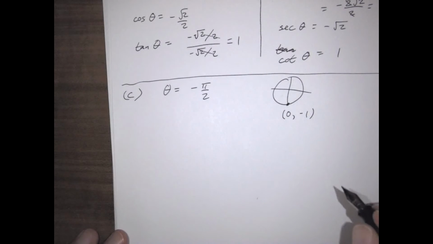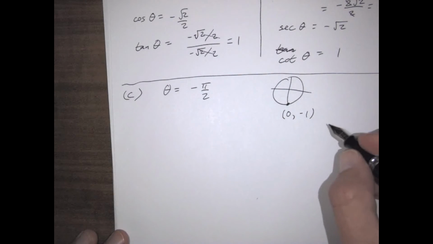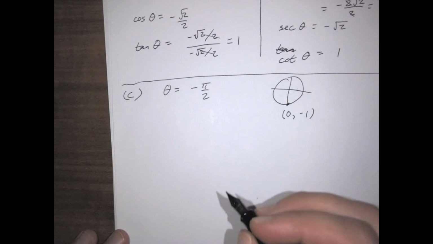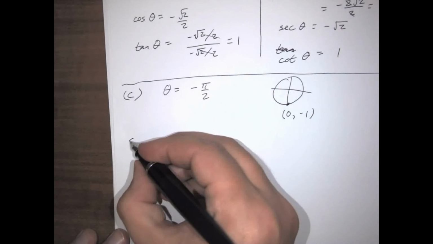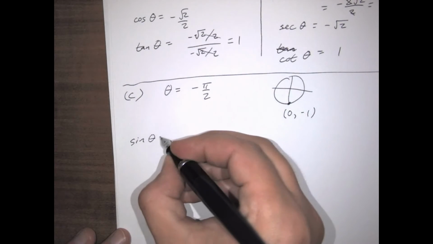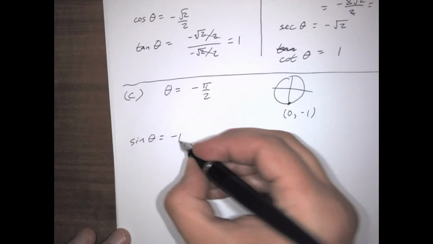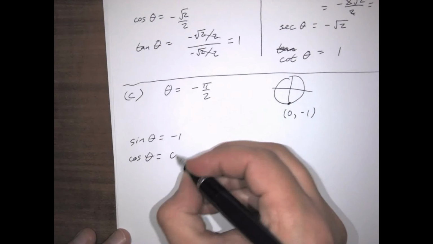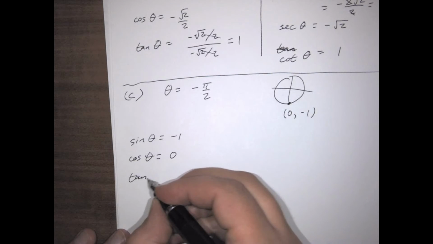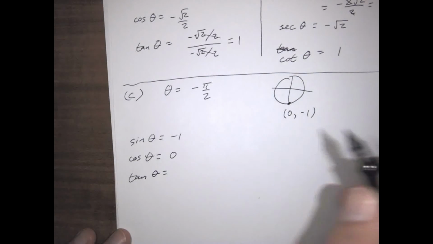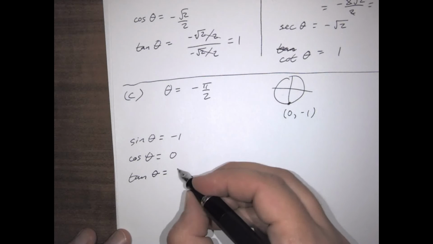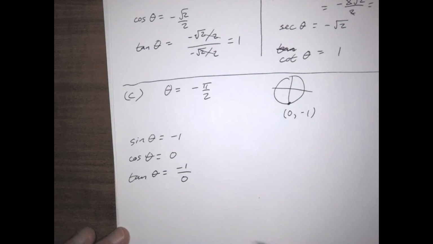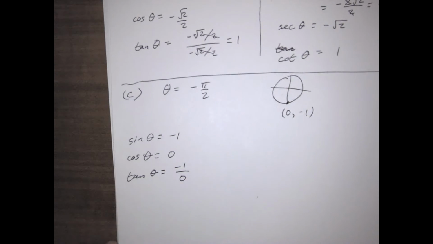All right, so what's that going to mean as far as the values go? Well, sine theta is the y value, so that's negative 1. Cosine theta is the x value, and so that's 0. Tan theta is equal to y over x, and negative 1 divided by 0 is undefined.